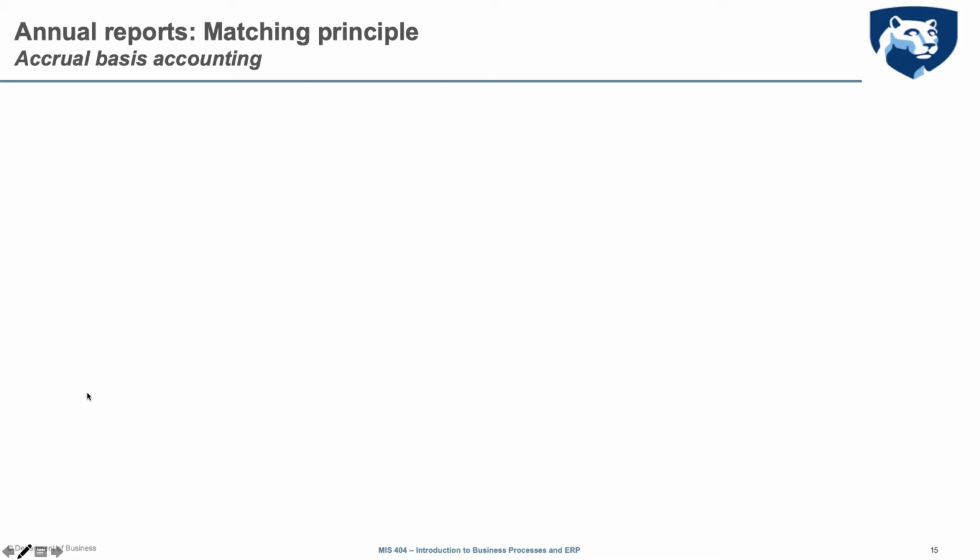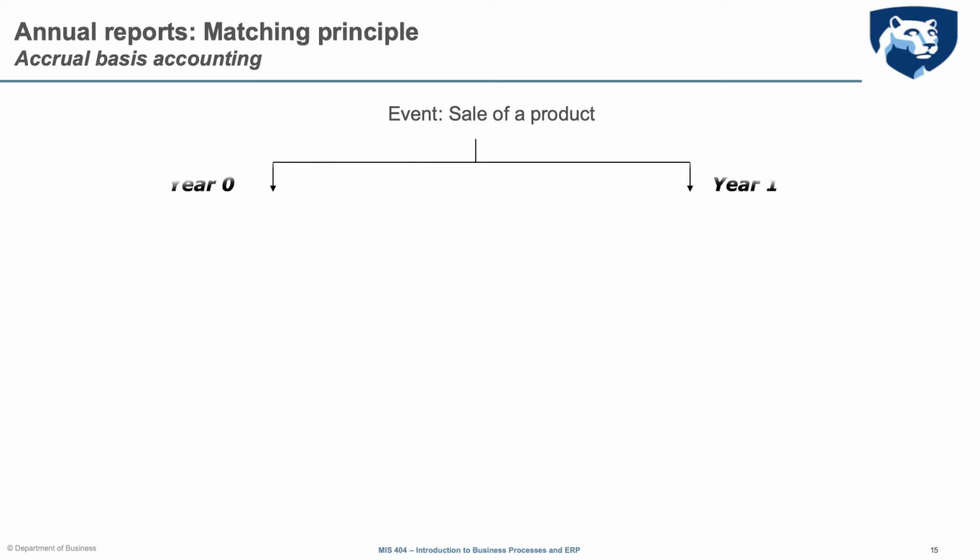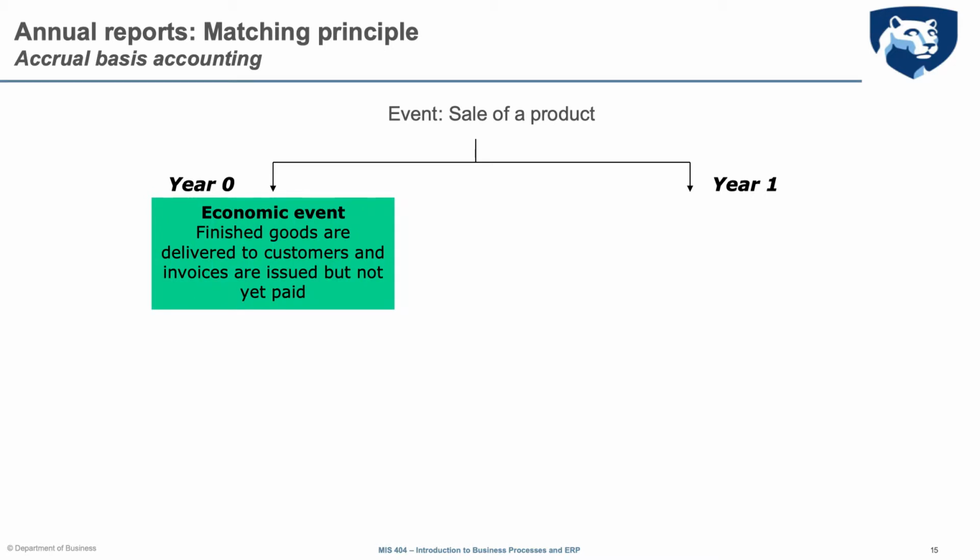Just a quick example of what we mean by accrual basis accounting. So imagine an event, the sale of a product. The sale of the product at year 0 has an economic impact because finished goods are delivered to the customer and invoices are issued but not yet paid. So imagine that there is a difference between when I sell and when I get paid by the customer.